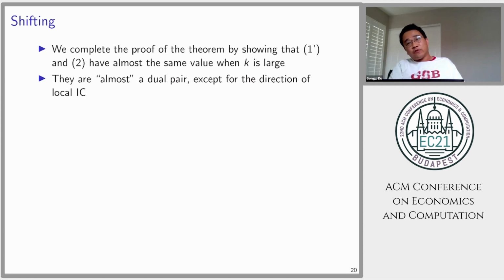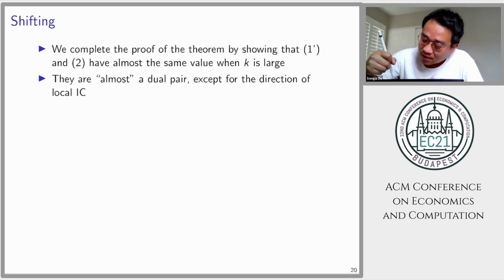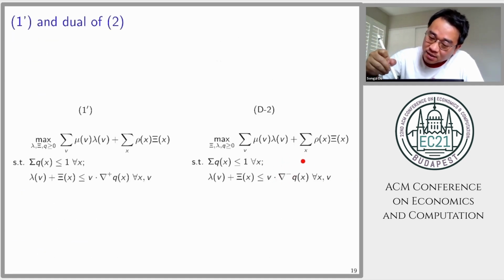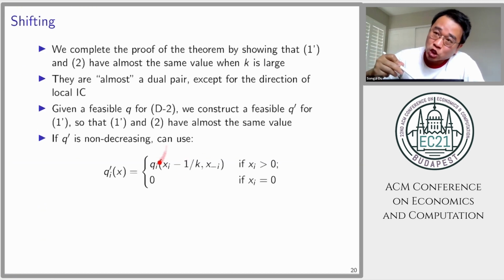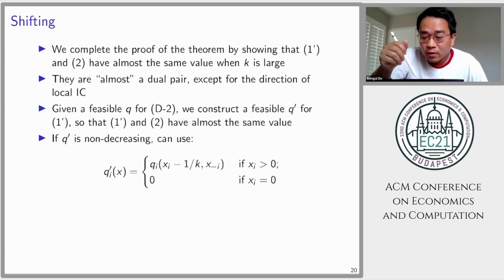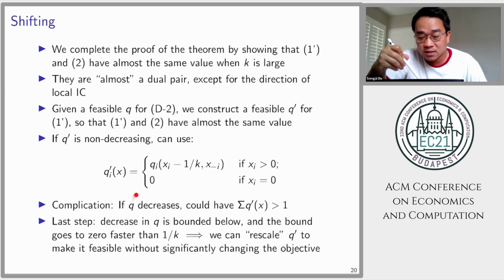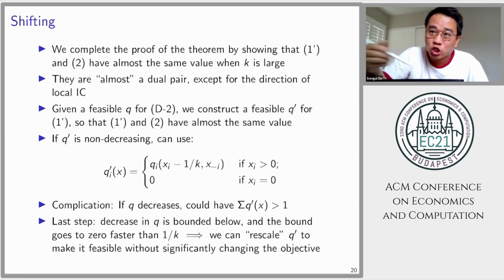We have to do a little shifting argument. Basically, to convert this to that, we have to move these allocations around. But when we shift up the allocation so that the downward derivative becomes, by construction, the upward derivative, we run into some problem because we have this feasibility constraint which could be violated when we do this shifting.